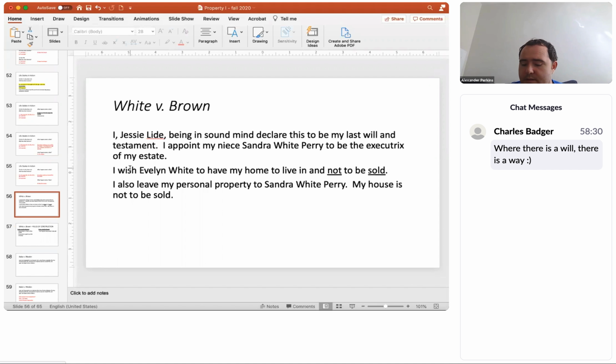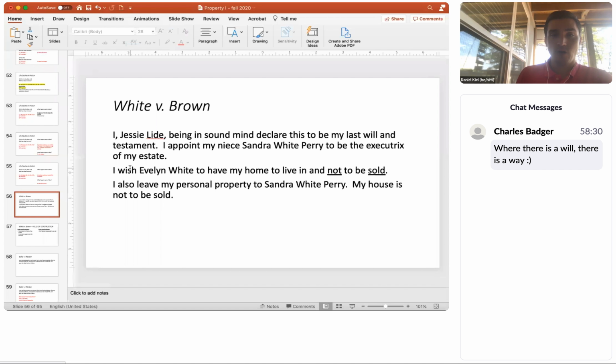She gets, I guess, the personal property equivalent of a fee simple, because there's no indication or limitations on what she can do with that personal property. Great. So, and in fact, the personal property equivalent of a fee simple is a fee simple.